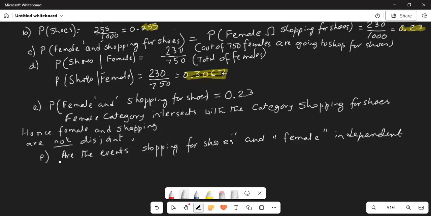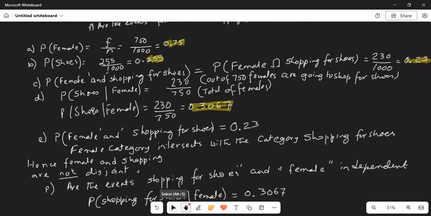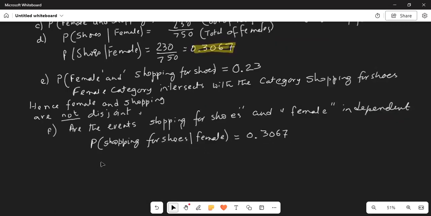Now we have already found out the probability of shopping for shoes given the person is female is 0.3067. Let's just find out the probability of shopping for shoes.